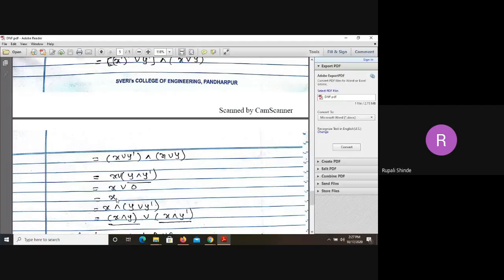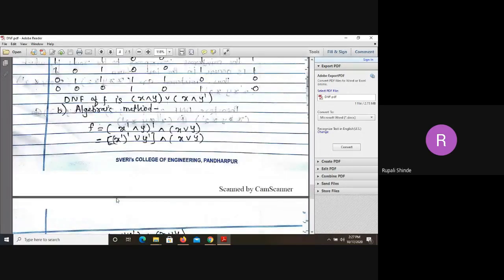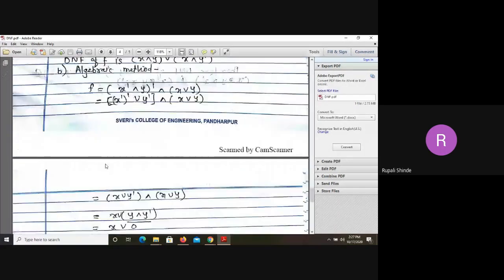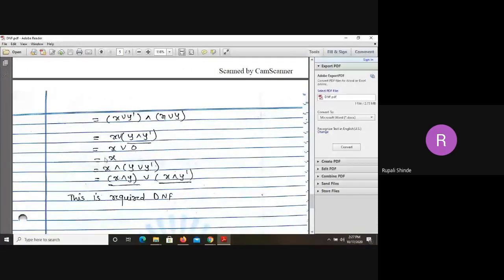Now for this term, Y is missing because our function just consists of two terms, X and Y. But here we got only answer as X. So for this X, Y is missing. So we have to add it. So X and Y or Y's complement.